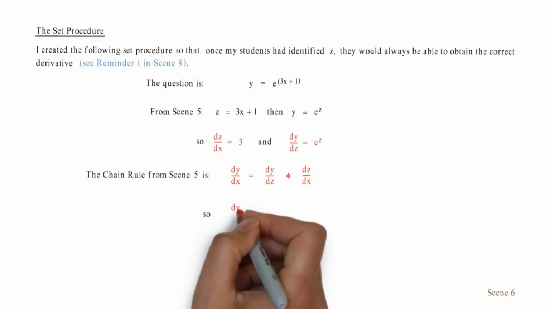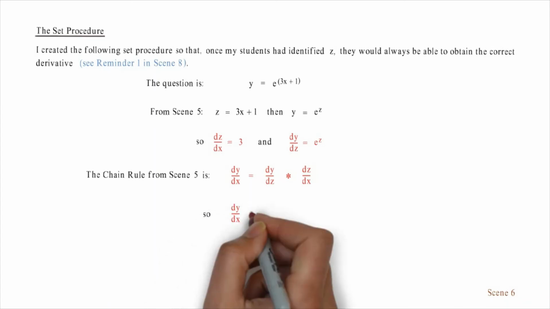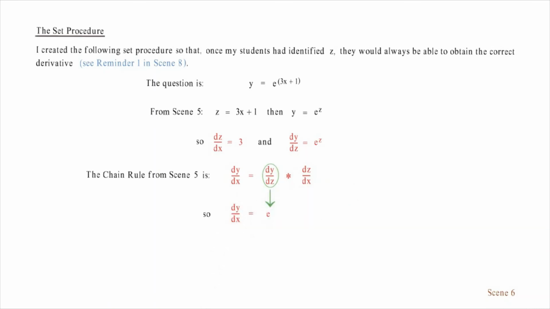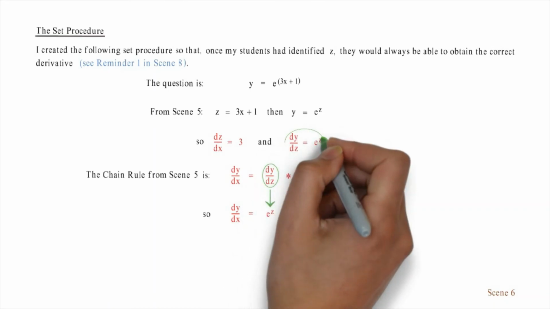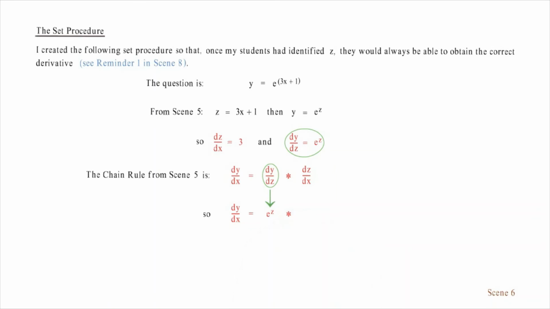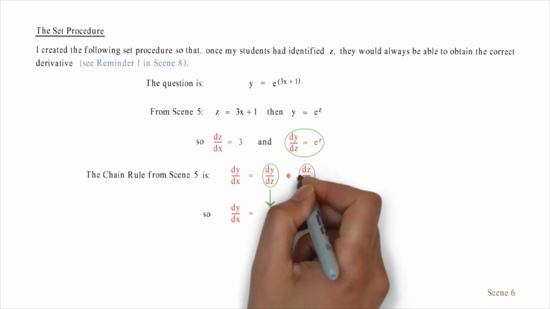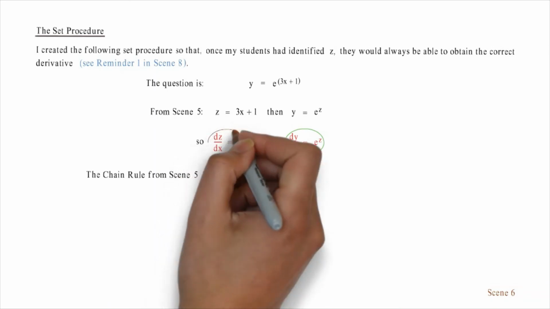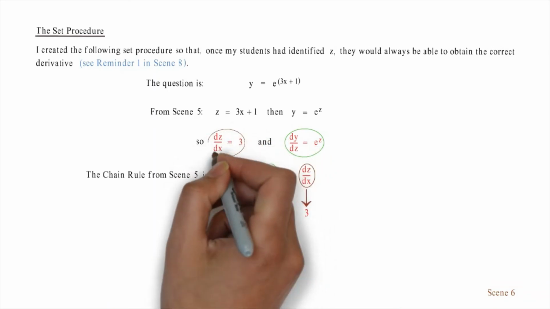So dy by dx equals dy by dz, which is e to the z, because dy by dz equals e to the z, times dz by dx, which is 3, because dz by dx equals 3.